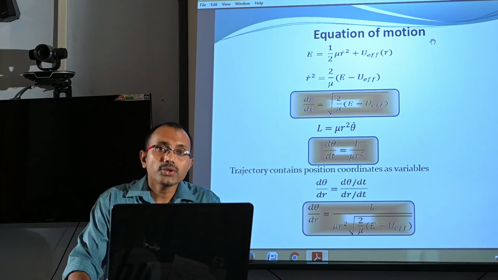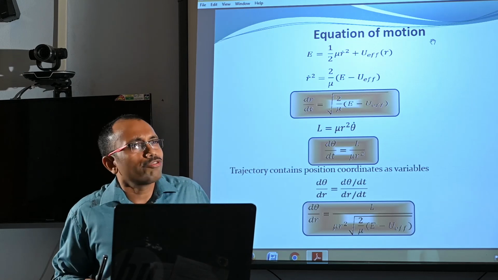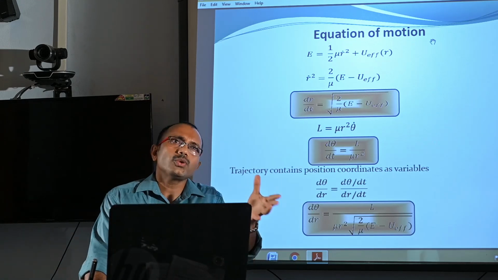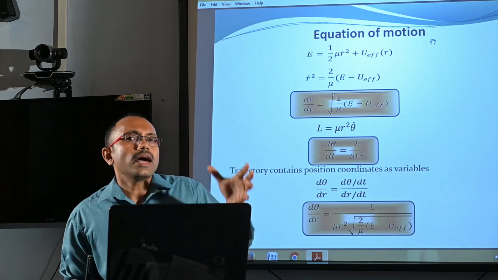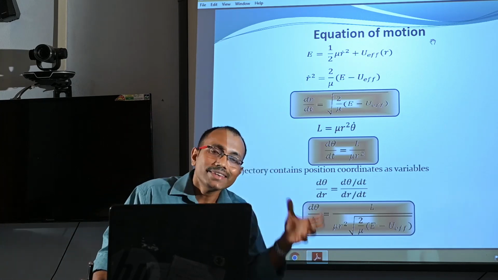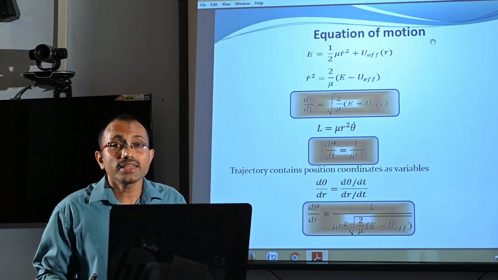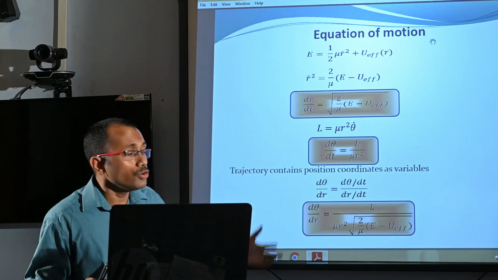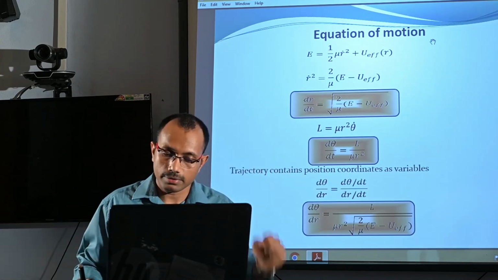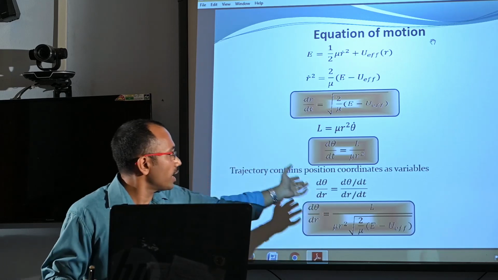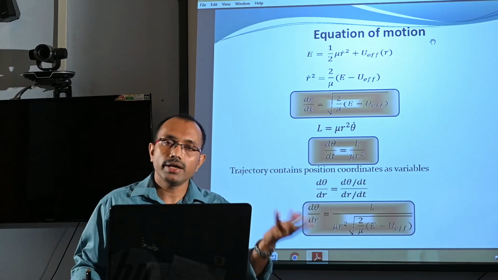Now we need to know the trajectory of that motion. Here it is a two-dimensional motion, which means the motion depends on theta and r. So, we need an equation connecting theta and r, and we are going to find d theta by dr. This d theta by dr we can write as d theta by dt divided by dr by dt.